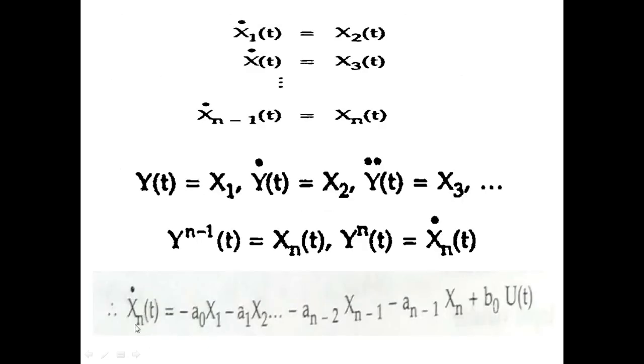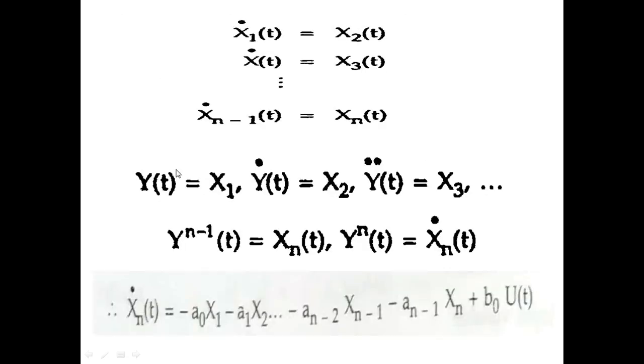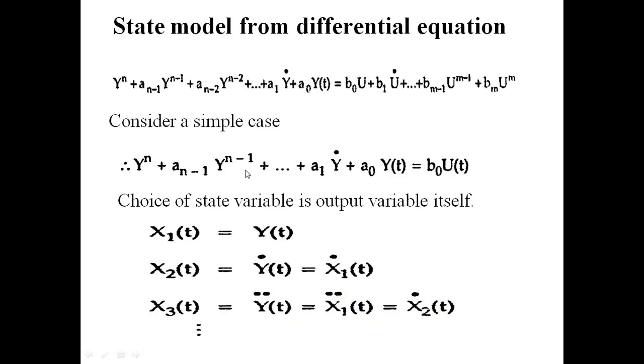Then this is xn of t into a n minus 1, till a1 into y dash of t, which is x2 of t, plus a0 into y of t, which is x1 of t, equal to b0 into u.